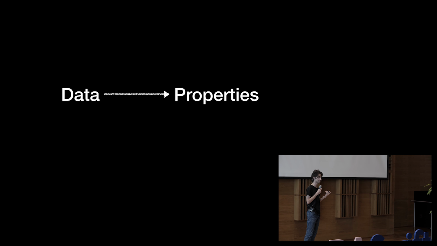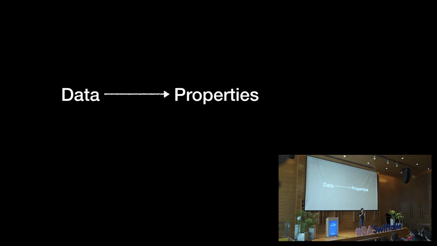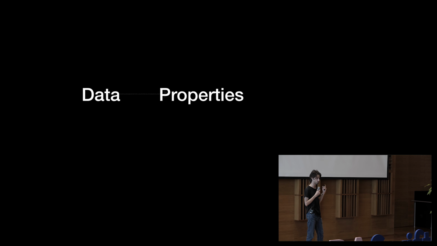And the question that we might be asking ourselves is, could tests actually help us discover edge cases? As it turns out, the answer is yes. Behind this, there is a very simple idea: when you write your classic unit test, the data is fixed, and then you check that some properties are respected. In order to have tests that help you find edge cases, you just need to reverse it.